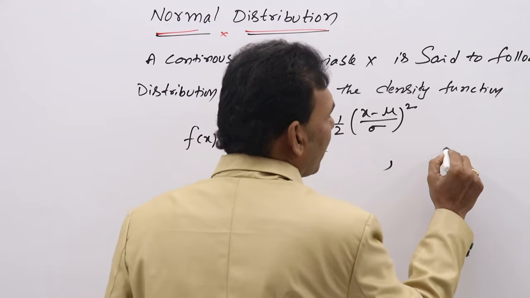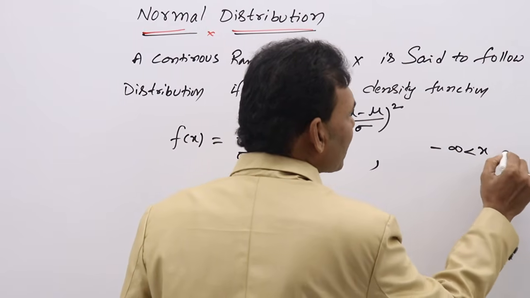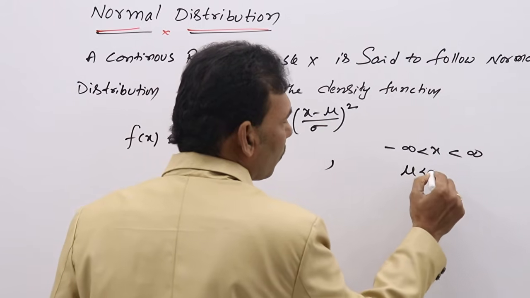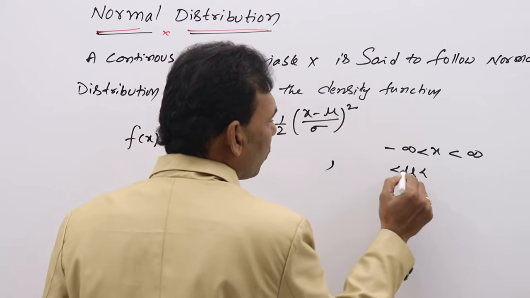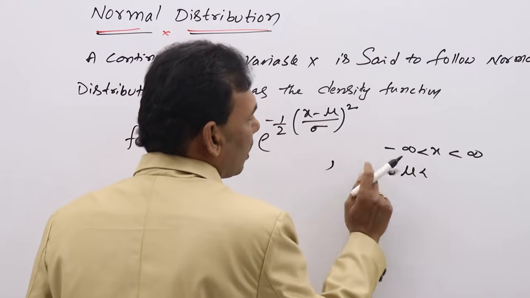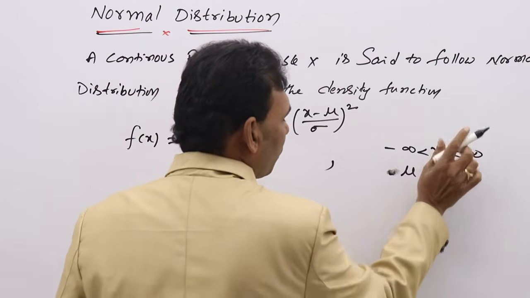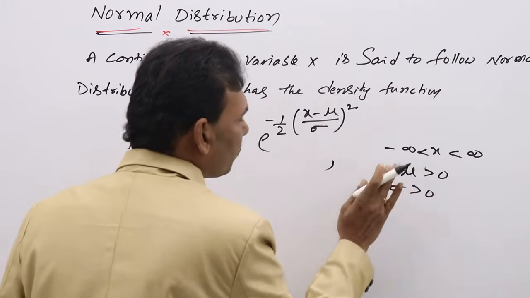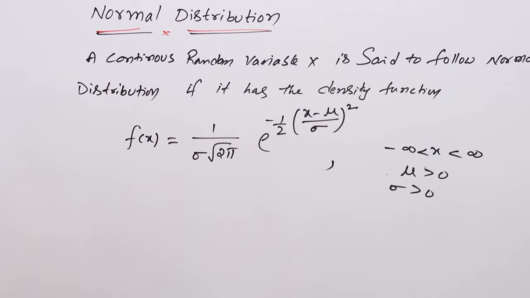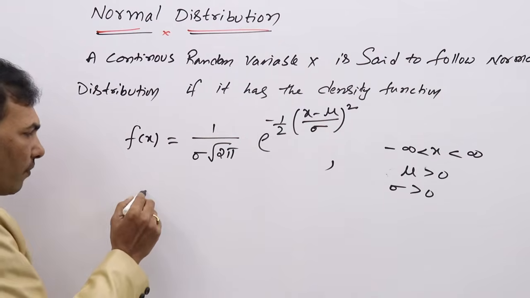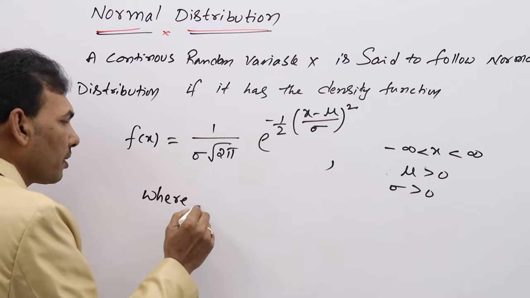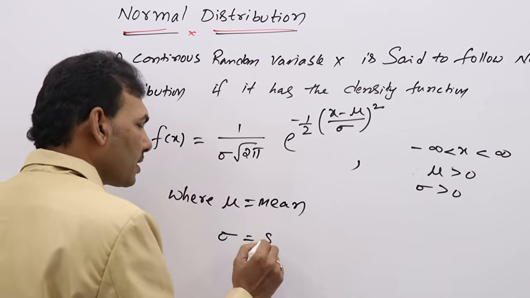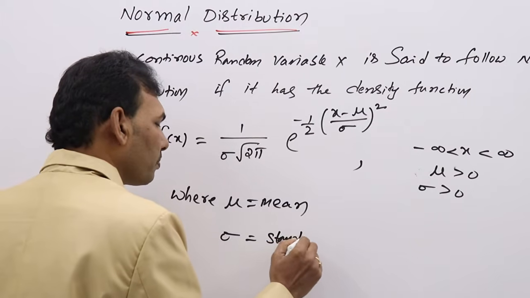Where x is from minus infinity to plus infinity, mu is mean, and sigma is greater than 0, positive values. Mu is called mean, sigma is standard deviation.